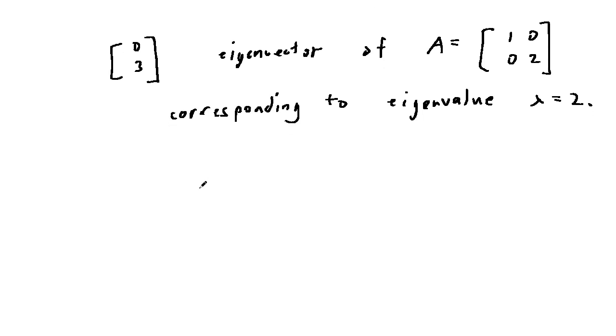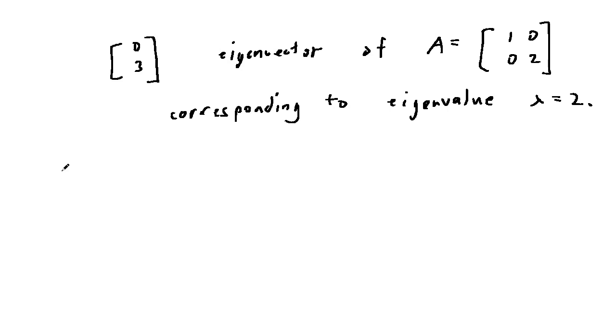Of course, 0, 3 isn't the only eigenvector corresponding to the eigenvalue lambda equals 2. Every vector on the y-axis gets scaled by a factor of 2.